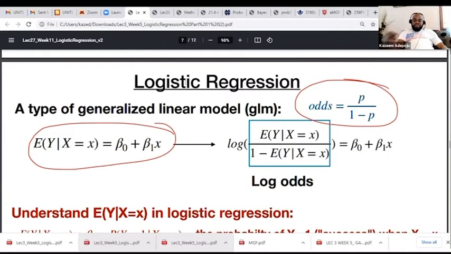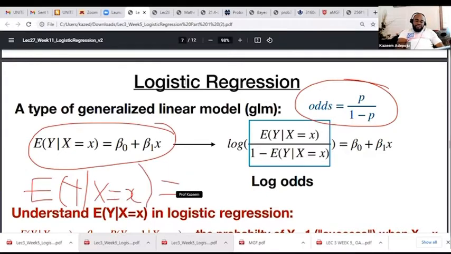I told you the other time that the expected value of y given x is the same thing as theta, where theta is the probability of success. Now, if that is the probability of success, then what is the probability of failure?